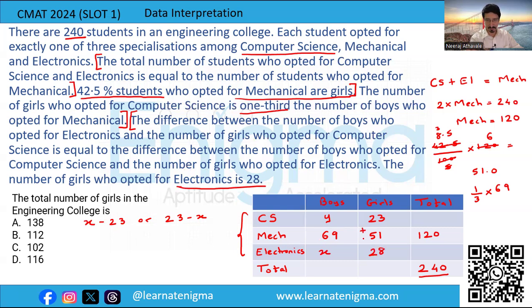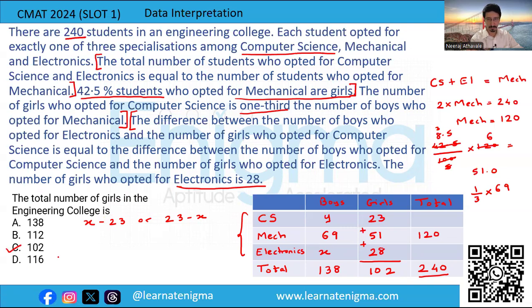So let's add this. The total girls here we have is 3 plus 1, 4 plus 8, 12, 1 carry over, 102. So there are 102 girls in this college. Subtracting 102 from 240, we get 138 boys. So for this question, the answer will be: total number of girls in the engineering college is 102.